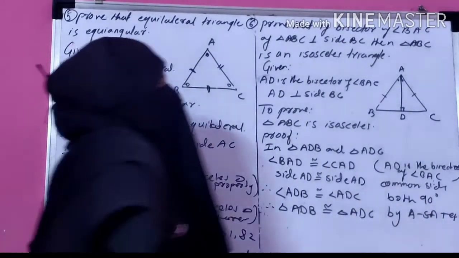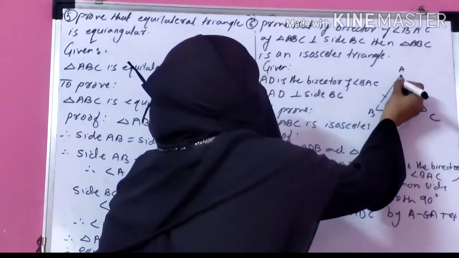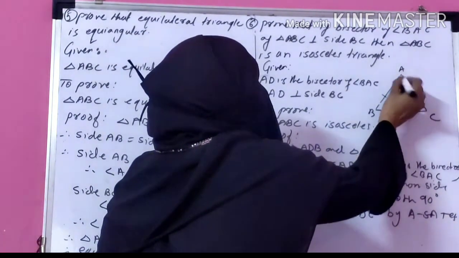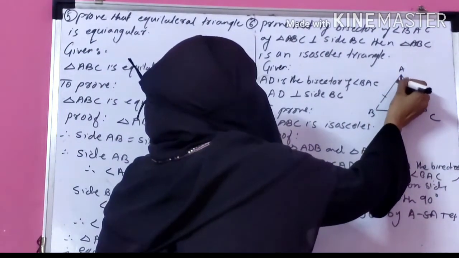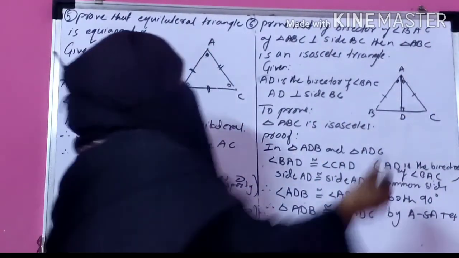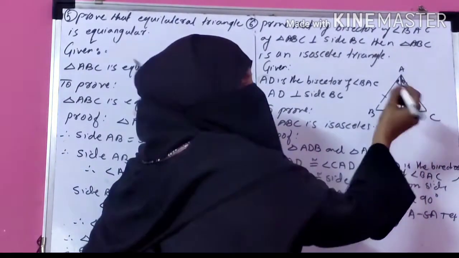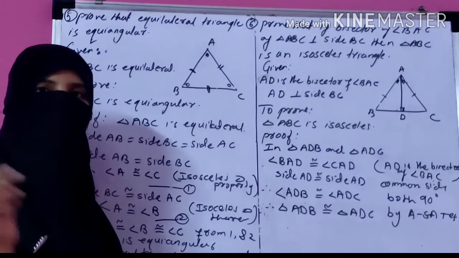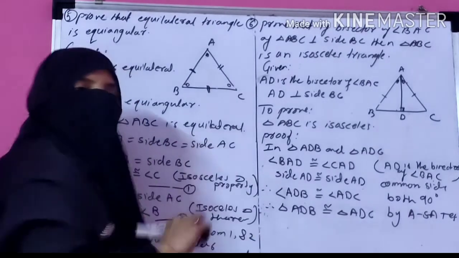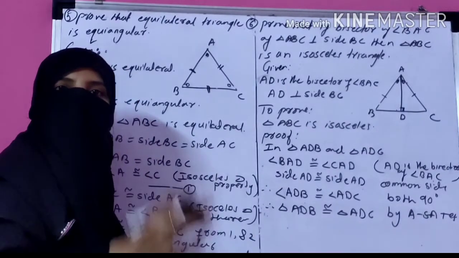So first, due to the bisector AD, the angle is divided into two equal angles, so these two angles are equal. Next, these angles are 90 degrees and AD is common. So these two triangles are congruent by the ASA test. If the triangles are congruent, then the remaining parts are also congruent.